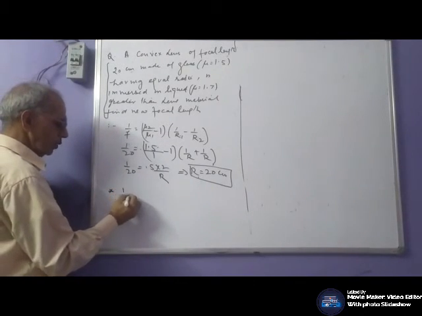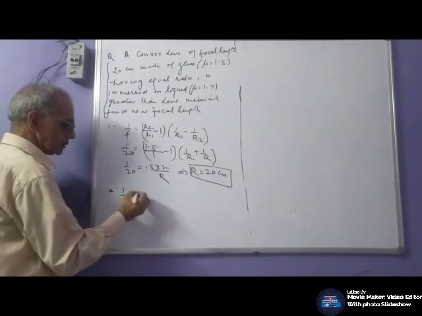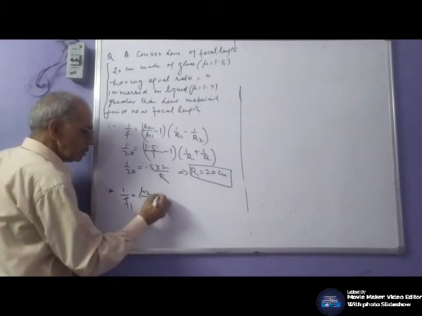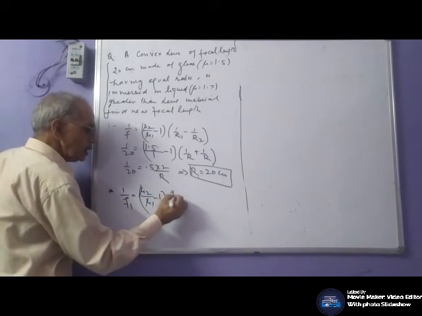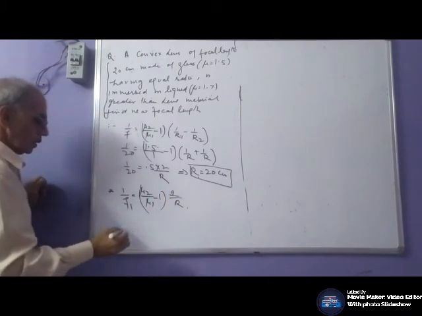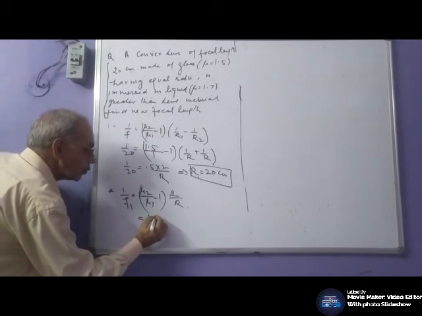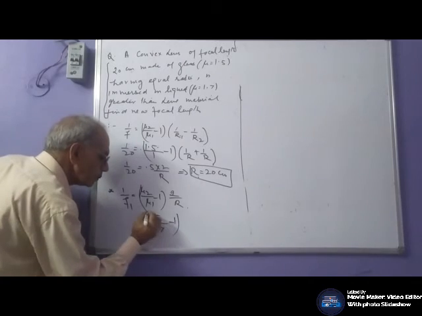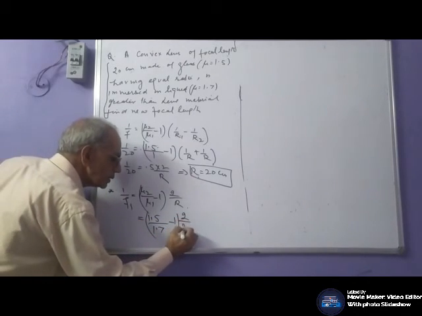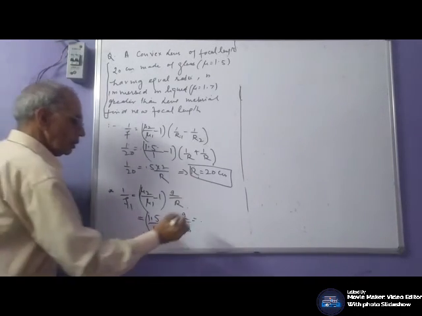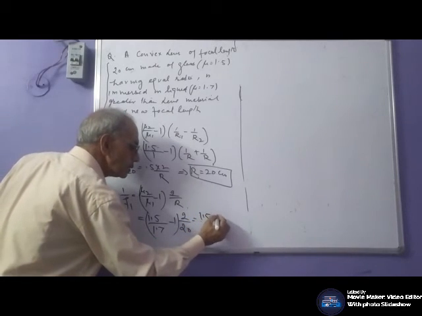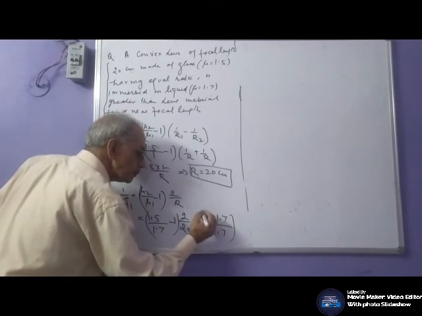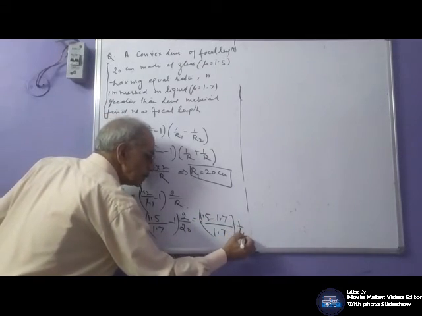Second case, 1 by f1 is the new focal length. It is (mu 2 by mu 1 minus 1) into 2 by r. It is (1.5 by 1.7 minus 1) into 2 by 20. (1.5 minus 1.7) by 1.7, 1.7 is LCM, into 1 by 10.